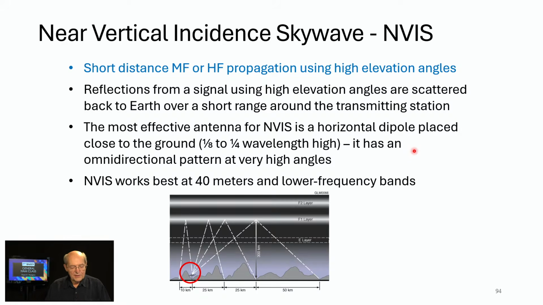So the most effective antenna is a horizontal dipole placed close to the ground, 1/8 to a quarter wavelength high. It winds up having an omnidirectional pattern at very high angles. In other words, it's kind of shooting straight up. Some people call these cloud warmers, or worm warmers, because that's where the energy is going. Works best at 40 meters and lower.